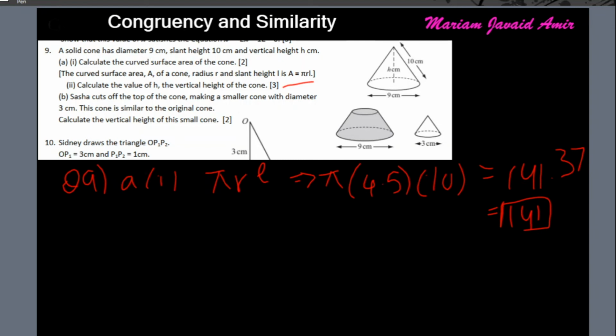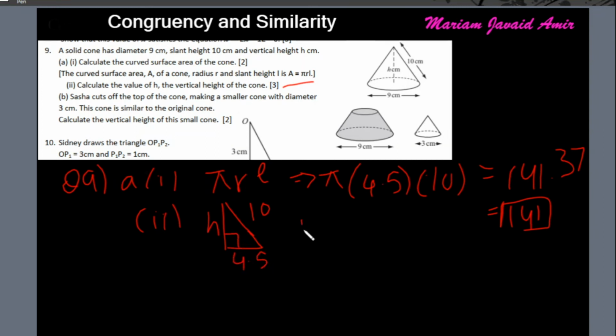Okay, next up is part 2, calculate the vertical height of the cone. So I'll be using Pythagoras theorem. This is height, this is 10, this is 4.5.